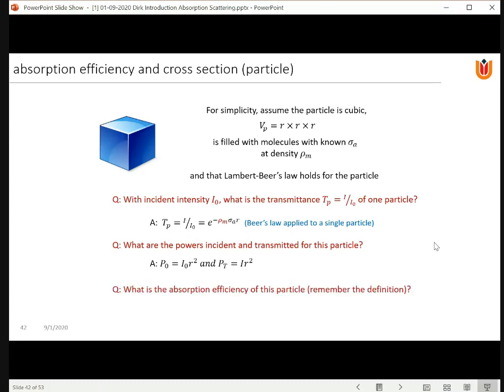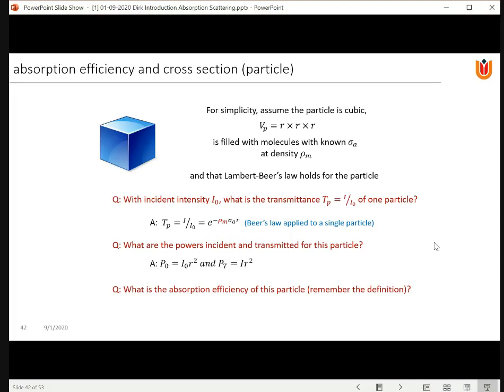Okay, now the bonus question, the final question: if we now know this, what is then the absorption efficiency of this particle? Remember the definition that we used for absorption efficiency. Yeah, almost there.